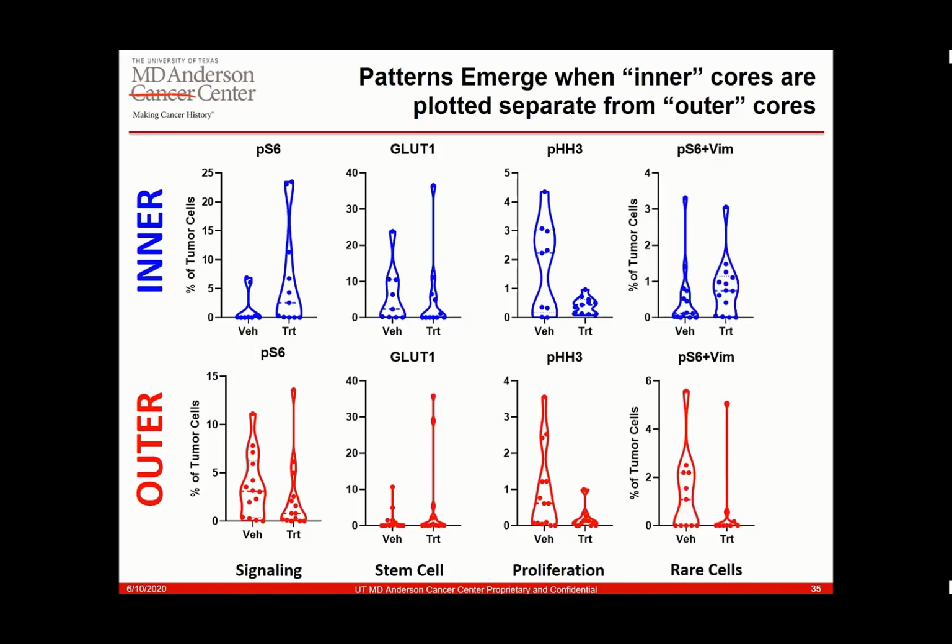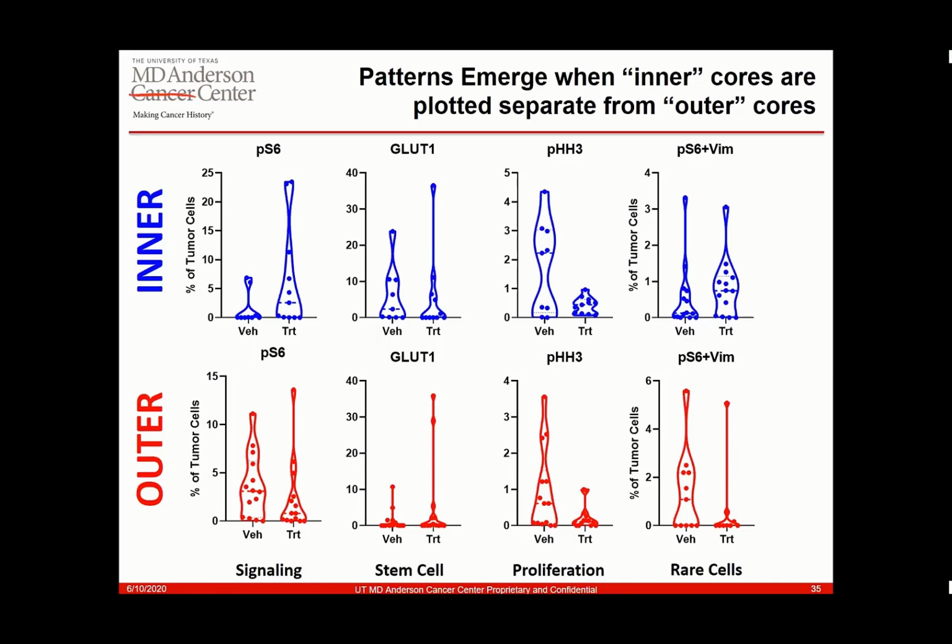And one thing, just to not further complicate things, is you can start to look at more rare cells, so cells where they have more complex phenotypes. So in this particular case, phospho-S6 and vimentin is much more likely to increase in the inner cores than in the outer cores.